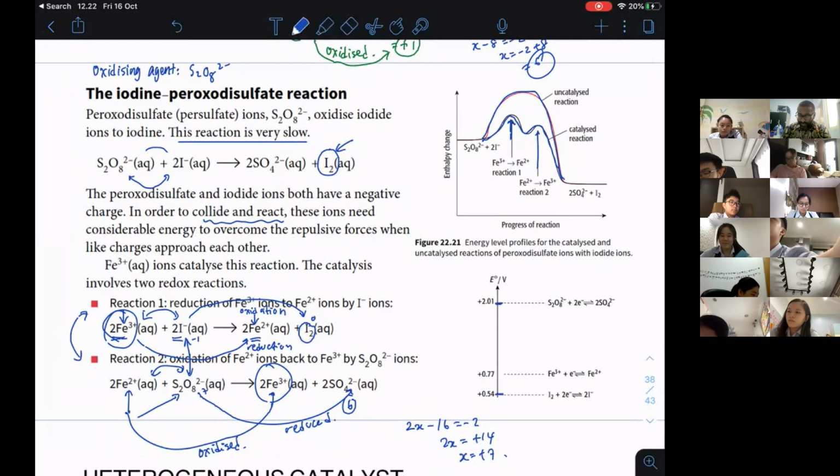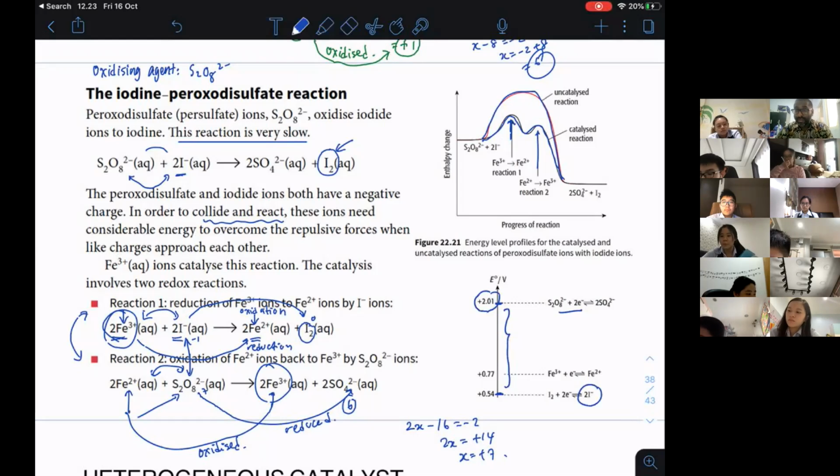For example, I have the I-, so if you have the E value 0.54, and this is the standard reduction potential, and 2.01, anything that comes in between them, from 0.54 to 2.01, is capable of reacting, or capable of catalyzing this particular reaction. So much information from this one particular slide.